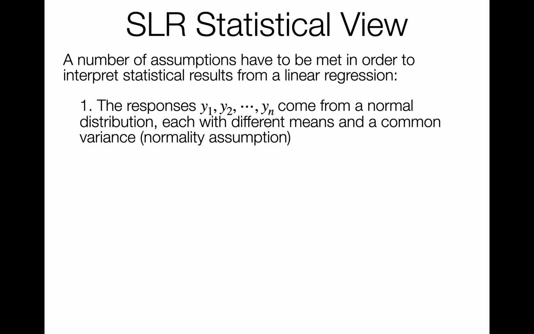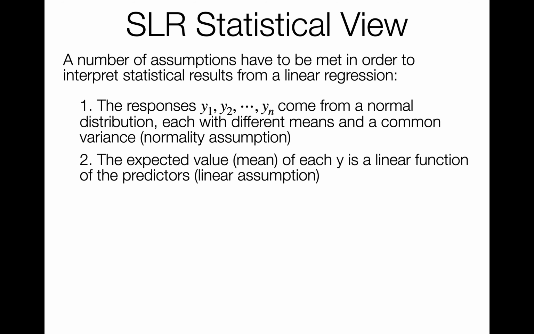One is that the responses, and really this talks about the errors, come from a normal distribution, each with different means, and then a common variance. Number 2, the mean of y is actually a linear function of the predictors, and that's easy to assume in the way we set up our problem.